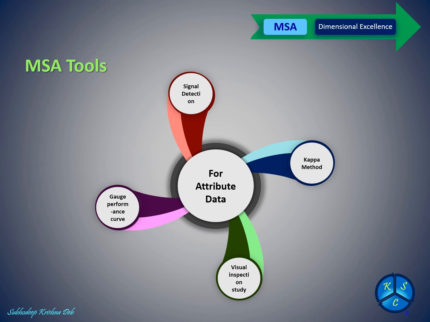Similarly, for attribute data, we have 4 MSA tools, of which the first 2 cater to most of the requirements for inspection of the attribute data and improving the measurement system of the attribute data. So in this third phase, we will cover these 6 tools, that is 4 for variable and 2 for attribute data. Let's start with the first tool in variable data.